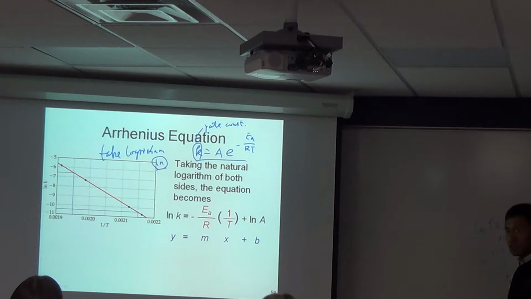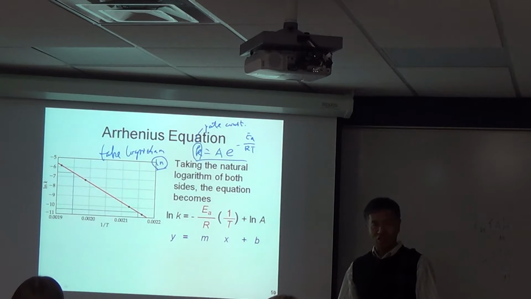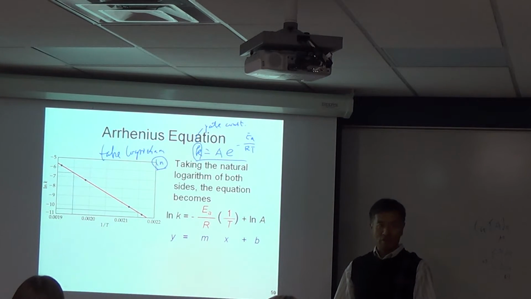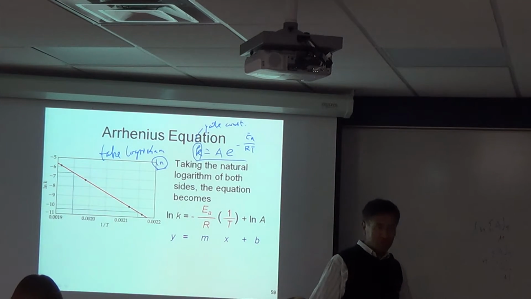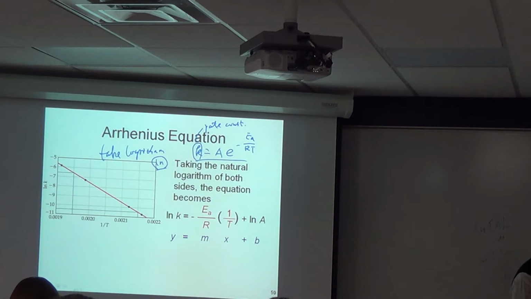So your y-axis is not the simple rate constant, it is Ln k. And your x-axis will be 1 over T.